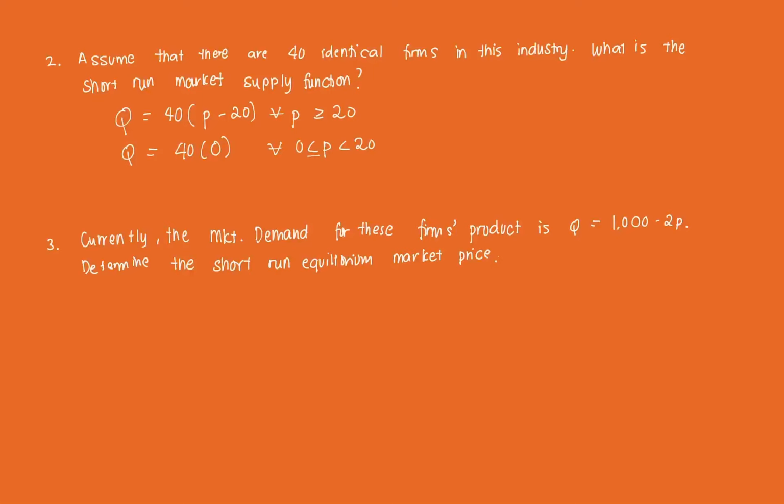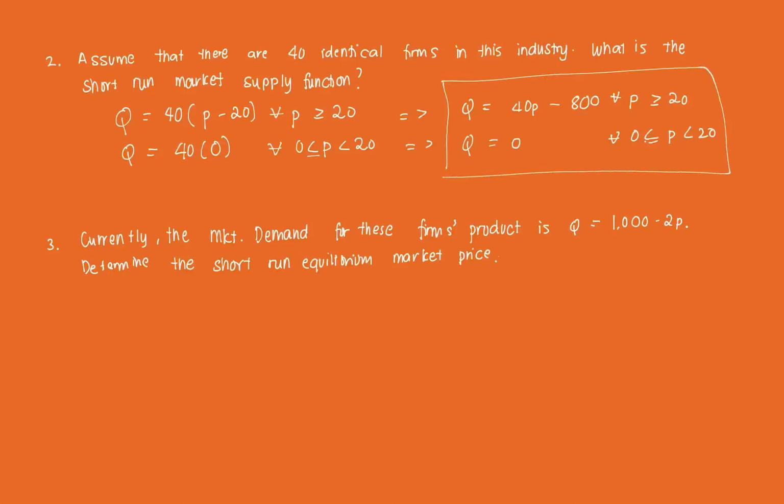If we simplify this, Q is equal to 40P minus 40 times 20, that's 800, for all P greater than or equal to 20, when the price is above 20, and it's going to be 0 for all prices between 0 and 20. So this is our short run market supply function.